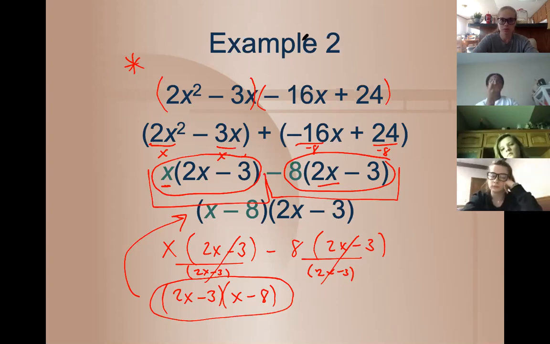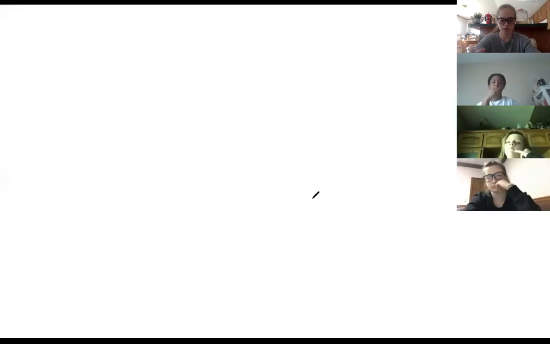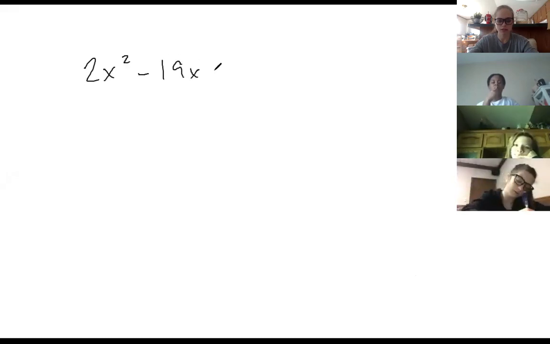Okay, let me pull up the other way that I showed you. So I'll show you one more thing, okay? We're gonna take this lesson a little bit slower. All right, so here's my, can y'all see my whiteboard? Yes, sir. Okay, so here we go. 2x squared minus 19x plus 24, okay?